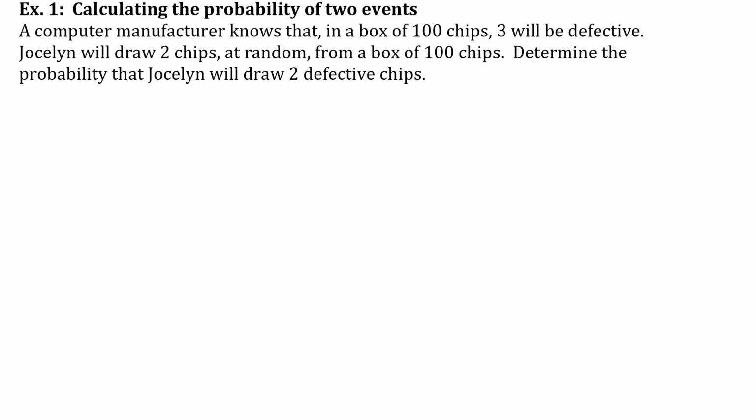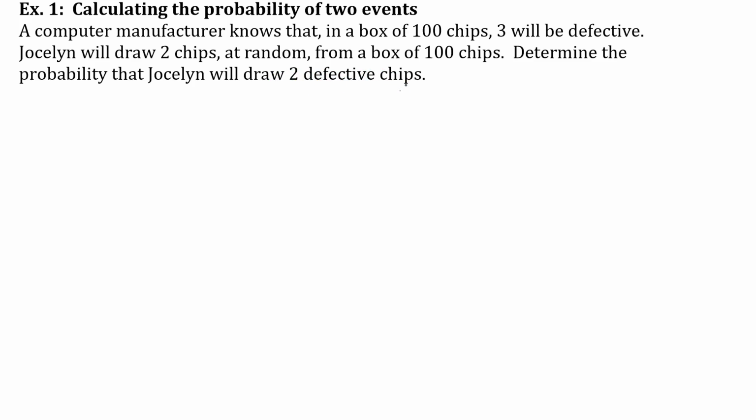Let's define our outcomes. So example number 1, calculating the probability of two events. A computer manufacturer knows that in a box of 100 chips, 3 will be defective, so 3%. Jocelyn will draw 2 chips at random from the box out of 100 chips. Determine the probability that Jocelyn will draw 2 defective chips.